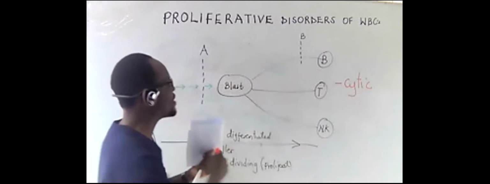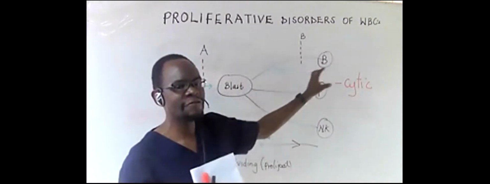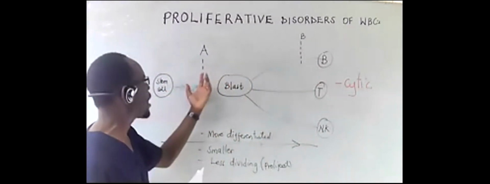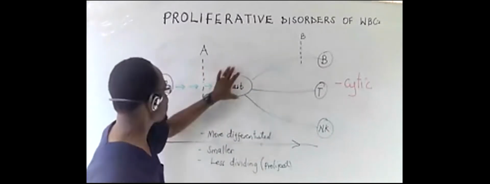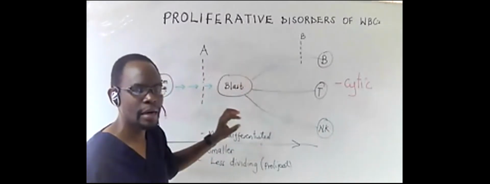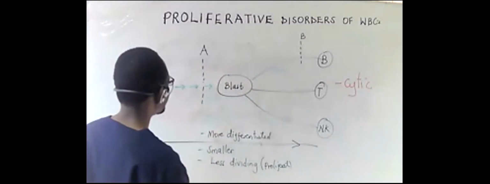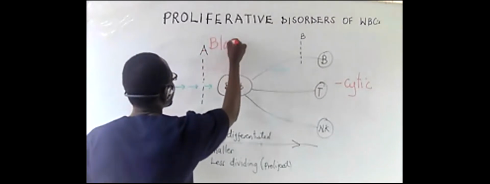Yeah, because these are lymphocytes, right? So they become lymphocytic. But when you're towards this side, it is blastic, because it is still blast. So as you move to this side, it is blastic.